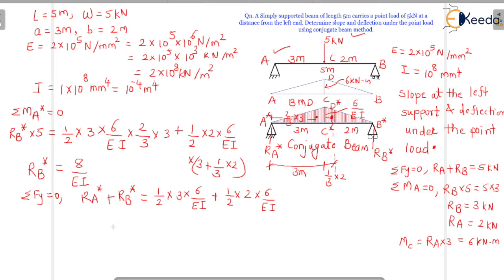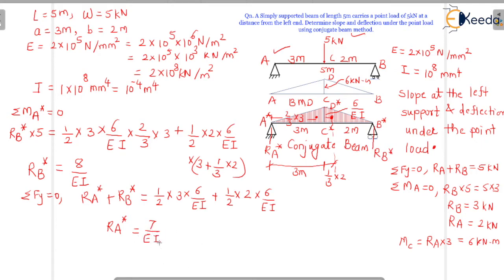Okay, so this is total load acting. So when we already know RB star, when you substitute RB star here 8 by EI, this will go this side, and finally after calculation we will get RA star is equal to 7 by EI. Okay, so we are done with the reaction.